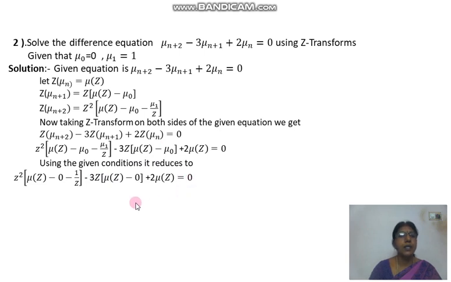Now what are the remaining terms? Here z square U(z), and minus z square into 1/z means minus z remains, minus 3z into U(z) plus 2 into U(z). So taking U(z) common, the first term is z square minus 3z plus 2.